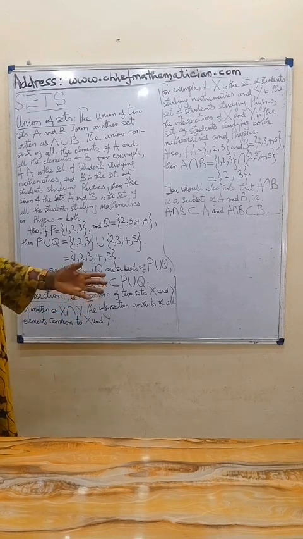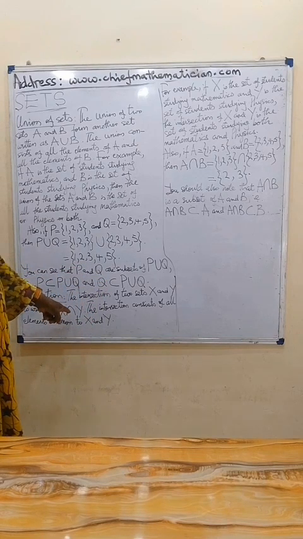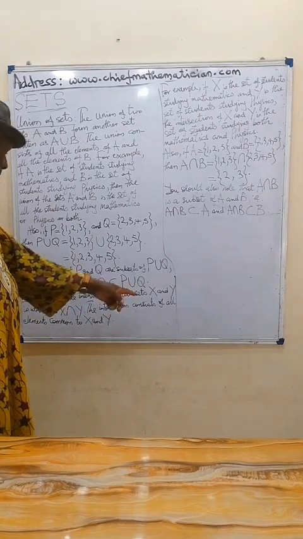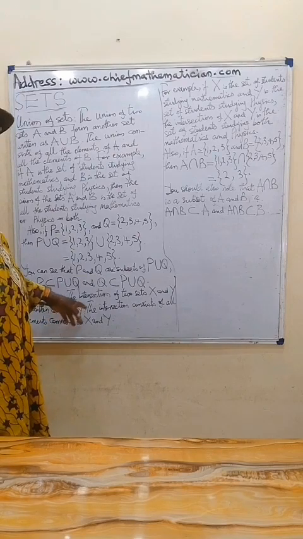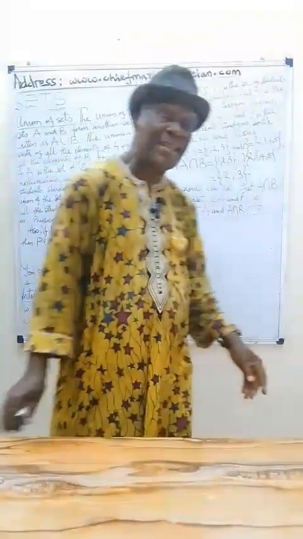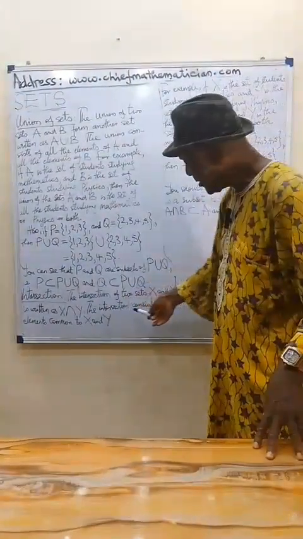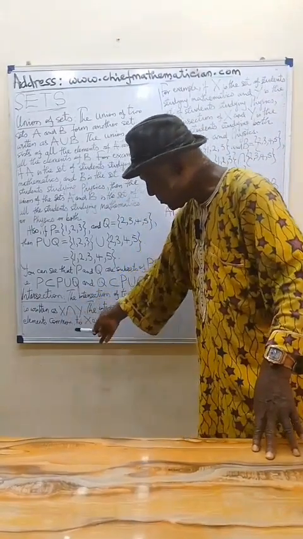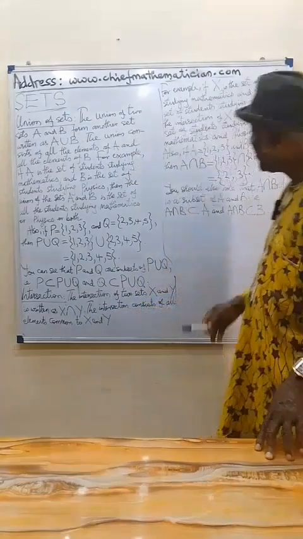You can see the difference between the symbol for union and the symbol for intersection. The intersection consists of all elements common to the set X and the set Y.